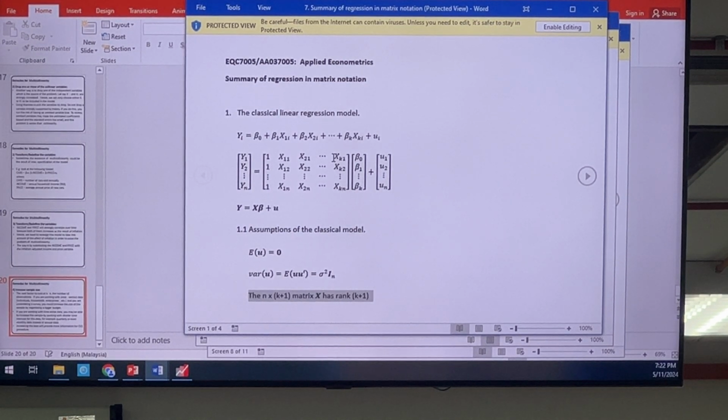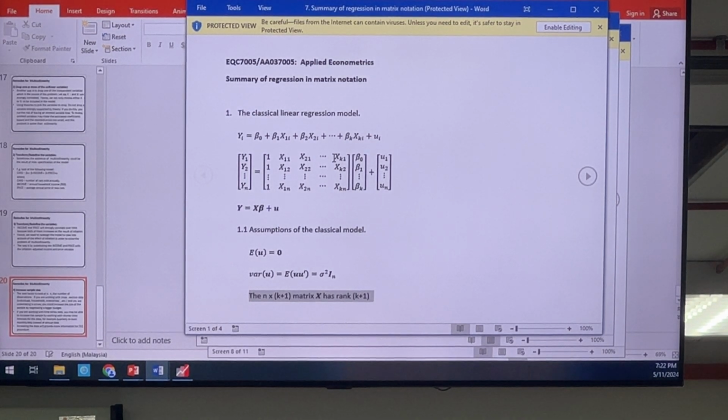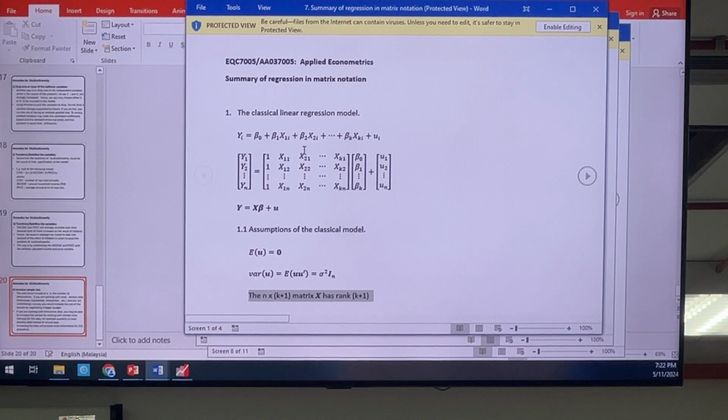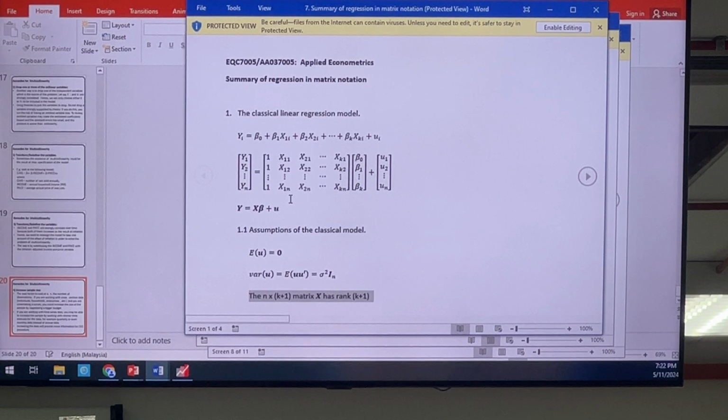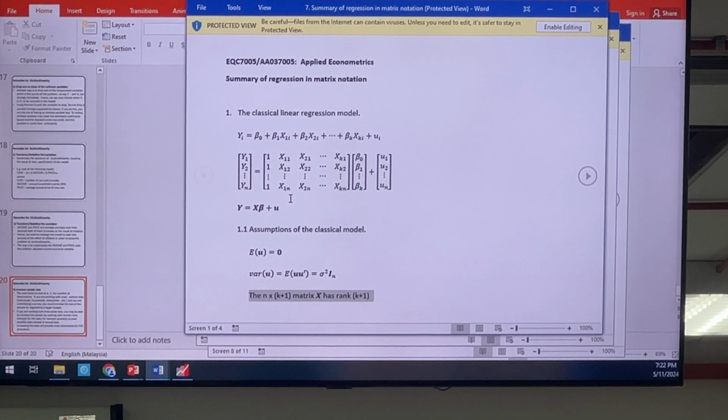In order to reduce the chance of having that problem, what we can do is increase the sample size. When we increase the sample size, we reduce the chance of having linear dependence between independent variables, because when we include more observations, we have more variation in the data.